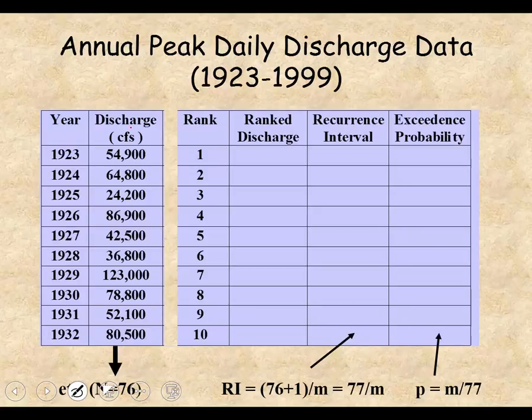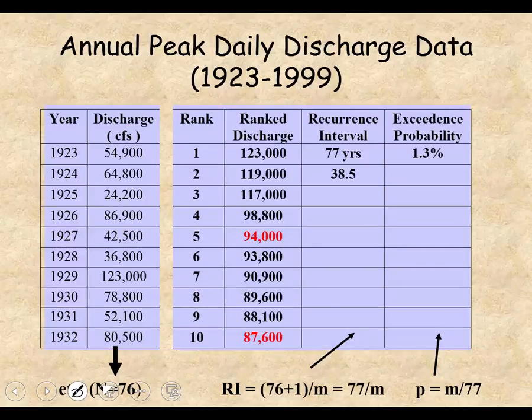Well, what you do is you look at the peak annual discharge for each water year of record. And then you rank it from the largest number 1 to whatever, in this case, 76 years of record. So then, when you've done that, now I've ranked them from biggest to smallest. I look at the recurrence interval.